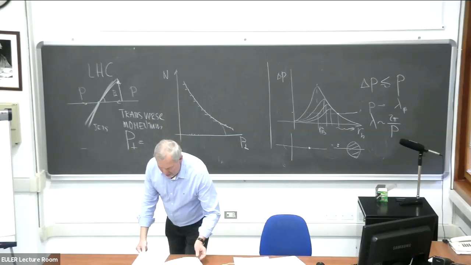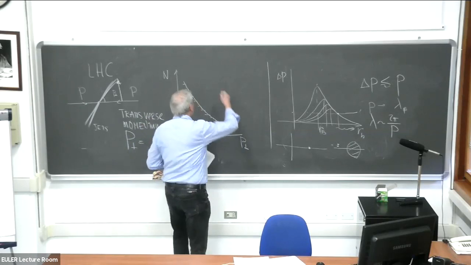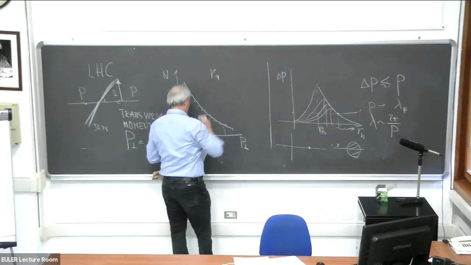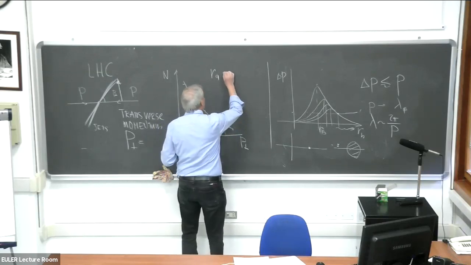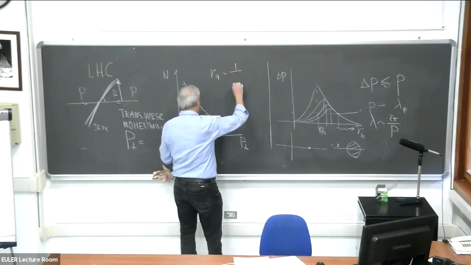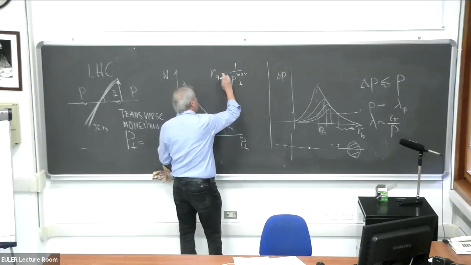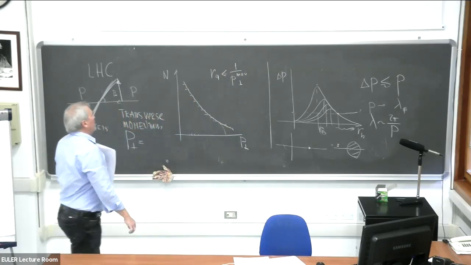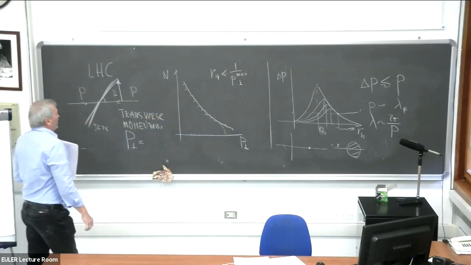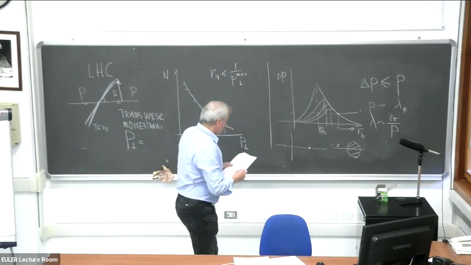And therefore, it allows us to put a bound on the radius of the quark, which is, again, you can come back to our example, like 1 over P maximal T. And so the radius should be smaller than that, as long as we do not see any deviation from the point-like structure.